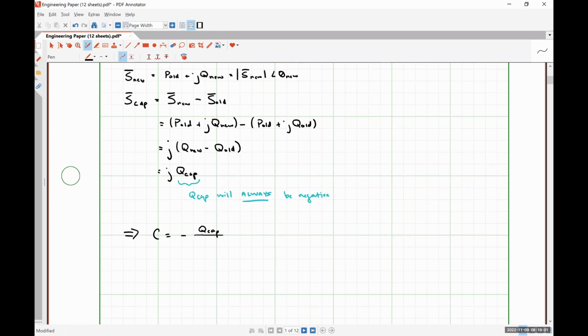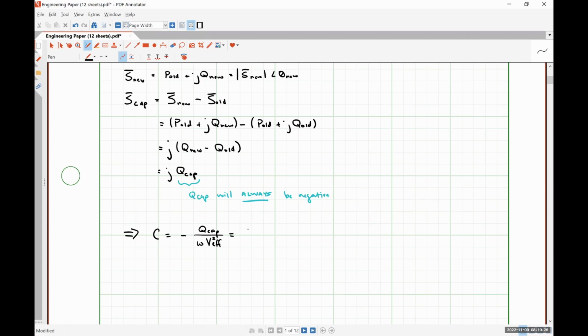So this is the amount of reactive power that our capacitor needs to supply, divided by omega times V effective squared. So this is if we know how we're correcting power factor, if our complex power that we need is known.